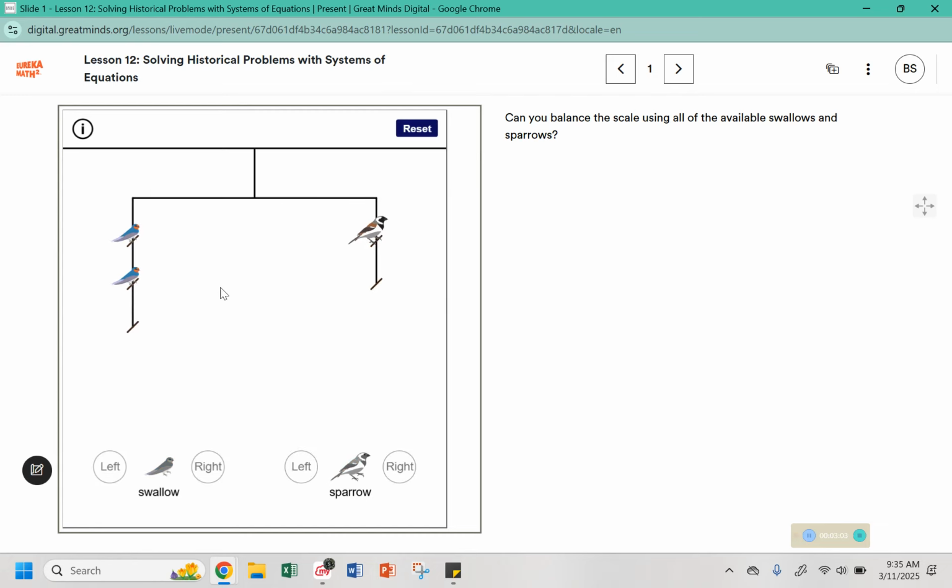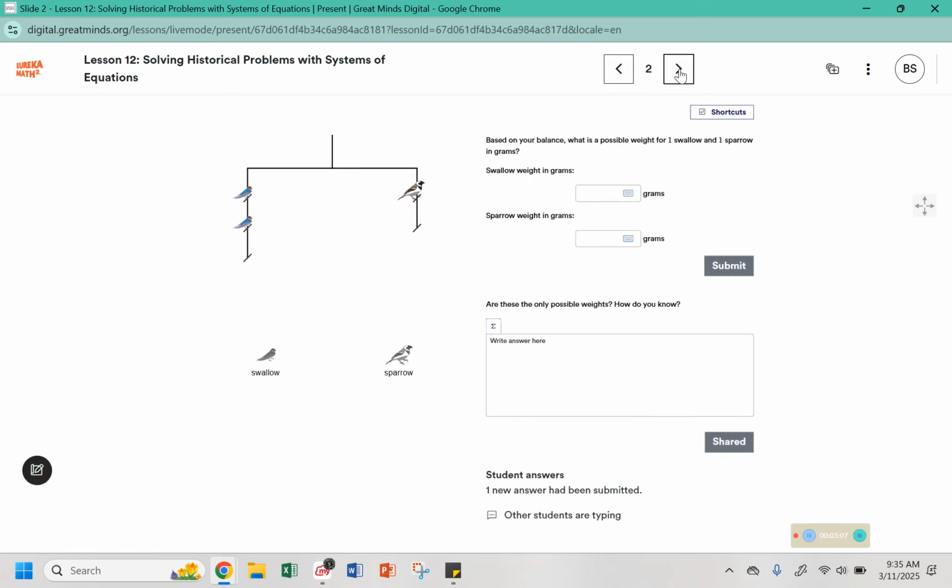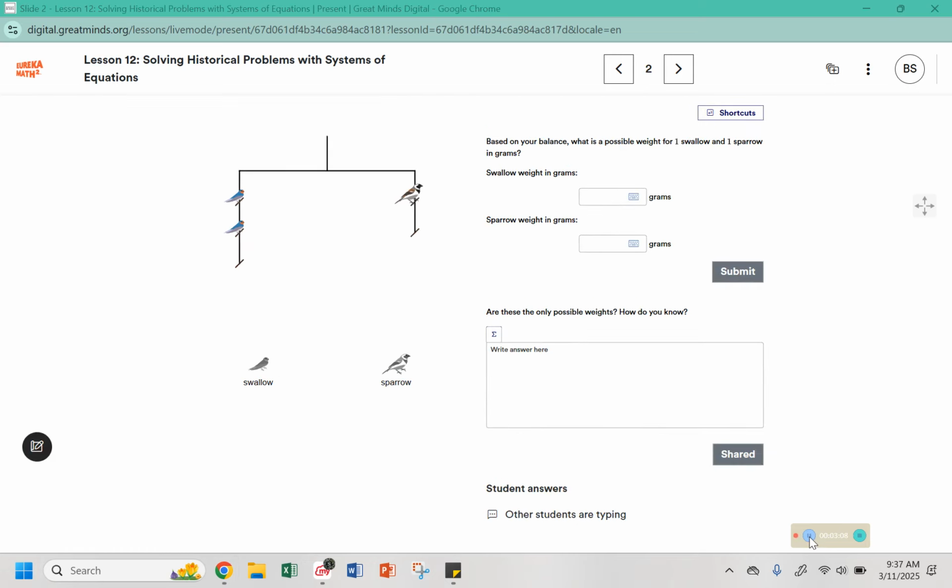So 2 swallows is the weight of 1 sparrow. Based on your balance, what is a possible weight for 1 swallow and 1 sparrow in grams? There are plenty of different possible weights, but as long as the swallows are half the weight of a sparrow, or you could phrase it as a sparrow is twice as heavy as a swallow, we're going to balance these scales.